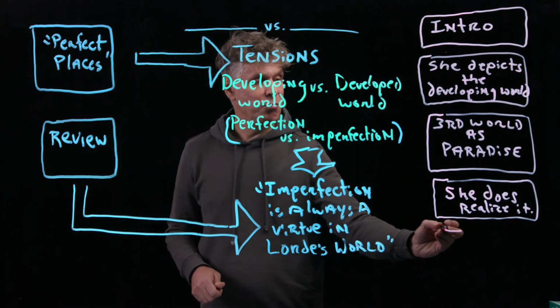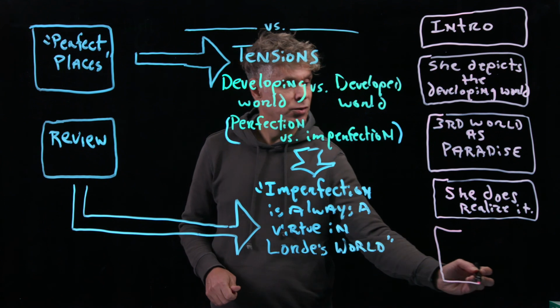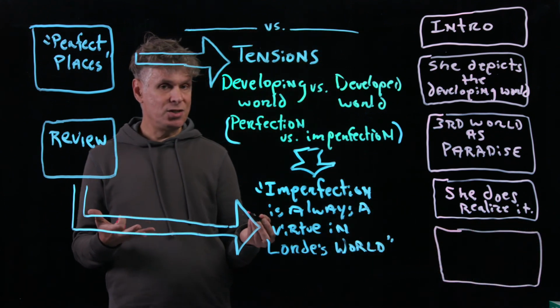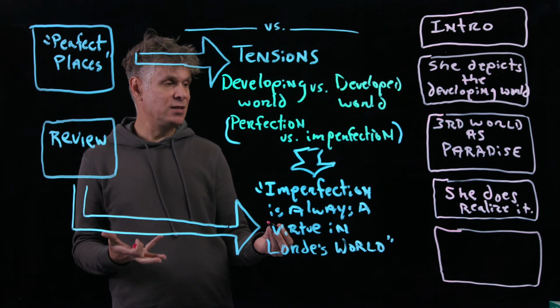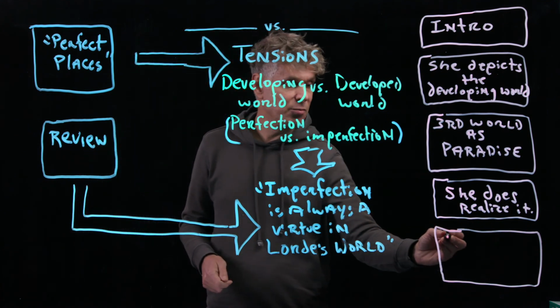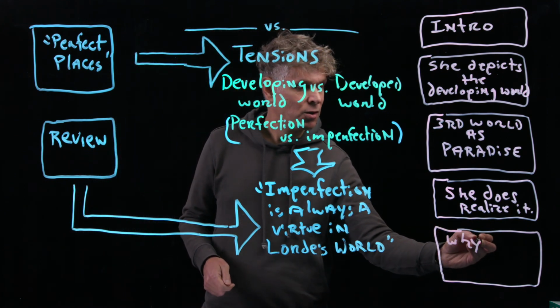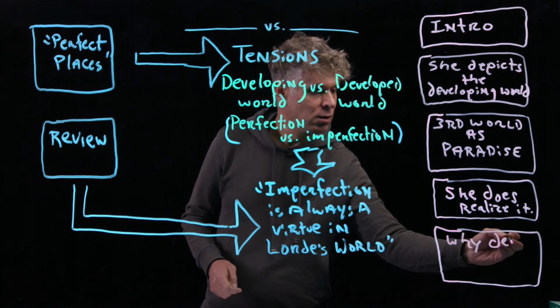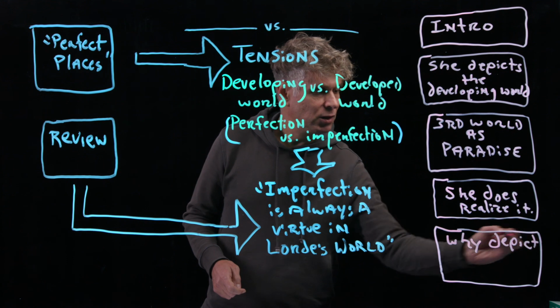And then my last big major point is, so she realizes she does it, and she doesn't think it's a very good thing. But what about the developing world? Why depict it?